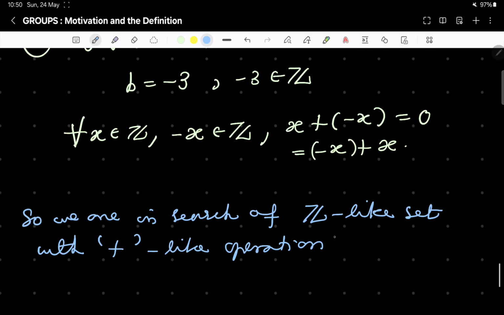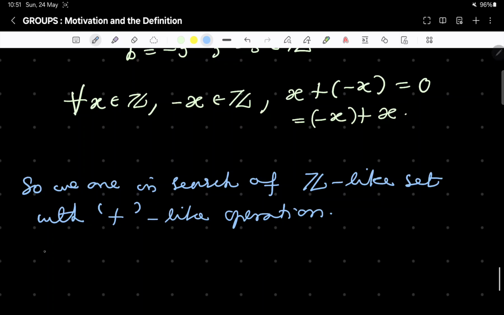So this operation behaves well in Z, that's why we can see. Okay, so we call Z plus a group.